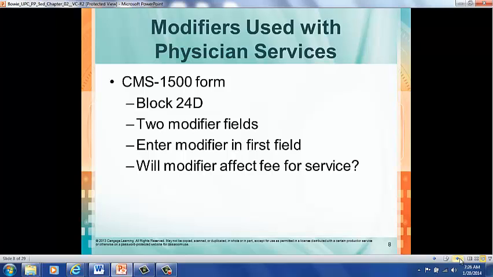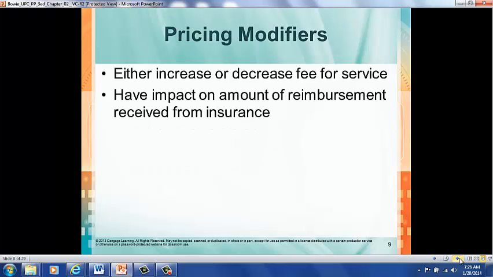Modifiers that affect pricing are listed in Table 2-1 in your work text and should be reported in the first modifier field because it directly affects the fee for the service. The modifiers listed in Table 2-1 are often referred to as pricing modifiers, and they either increase or decrease the fee for the service.